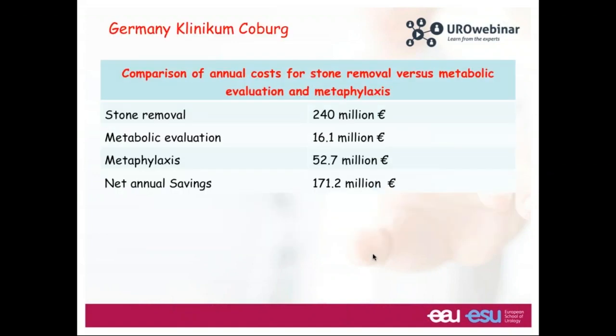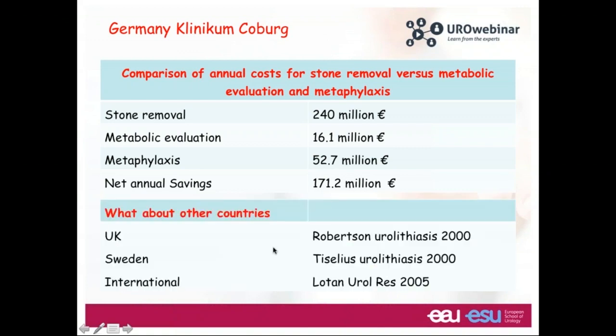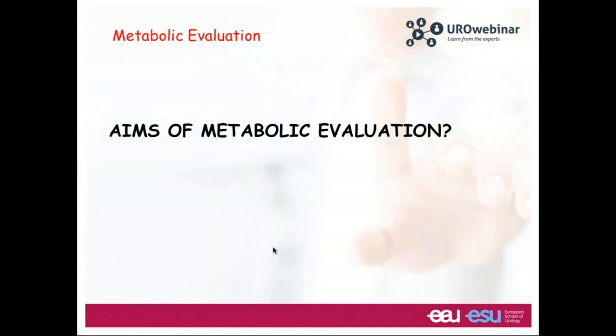And how much money can we save? This is from Germany, from the Coburg Clinic. You see the amount of money they saved, at least they judged they saved, was tremendous. And this is approximately the same in the rest of Europe.